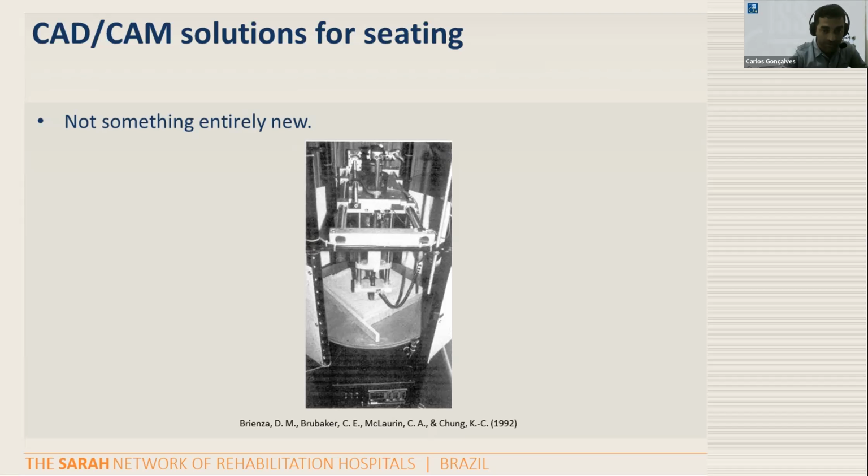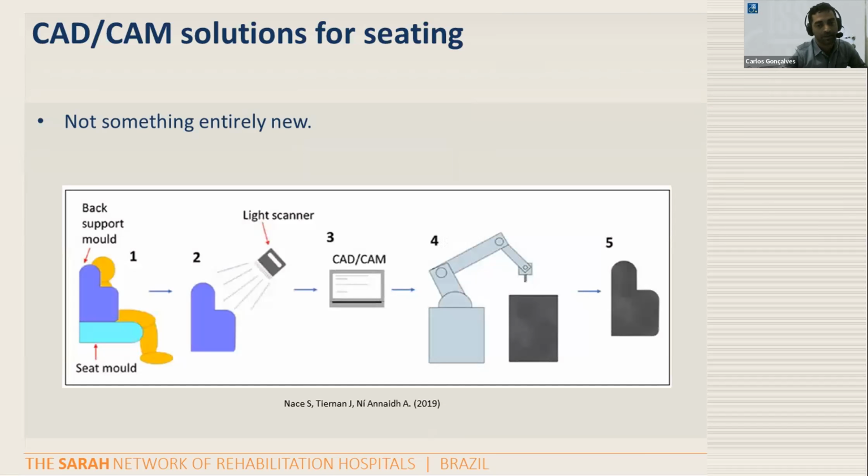And this is work from Brienza and colleagues from '92. Nowadays, any institution can acquire a system that can provide a CAD/CAM solution for seating adaptations. You just need to have the investment for it.